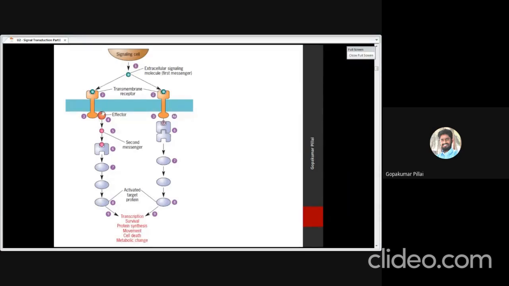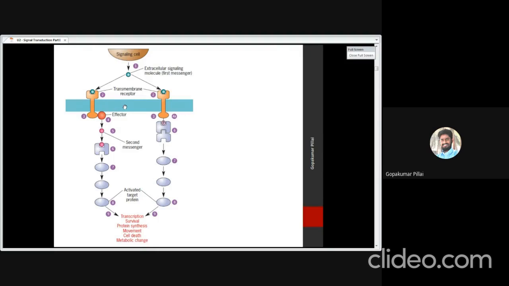Effector is an enzyme which is attached to the cell membrane. The receptor is in the cell membrane, and next to the receptor there is an enzyme which is also attached to the cell membrane. When the receptor is activated, its cytoplasmic domain gets activated. When the cytoplasmic domain is active, it will interact with the enzyme. What is the name of this enzyme? Effector. We have given the name effector. So once the receptor is activated, its cytoplasmic domain can interact with an enzyme called the effector.